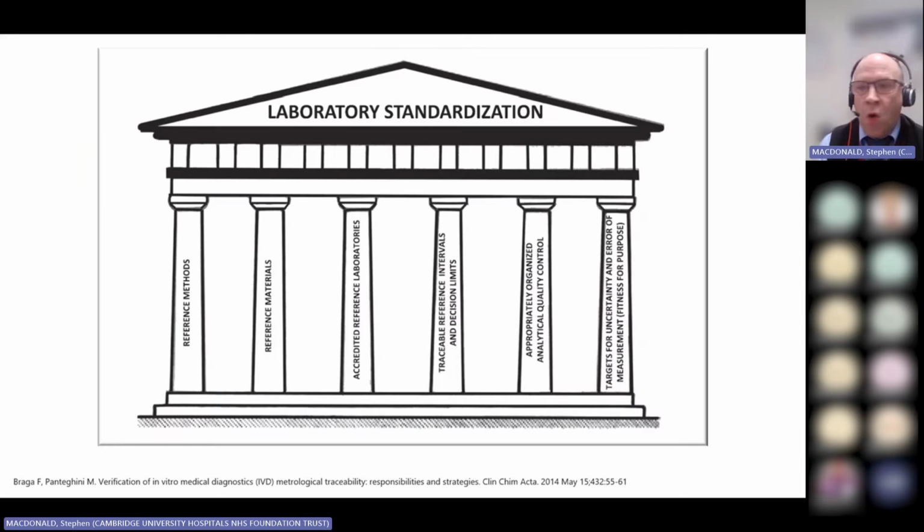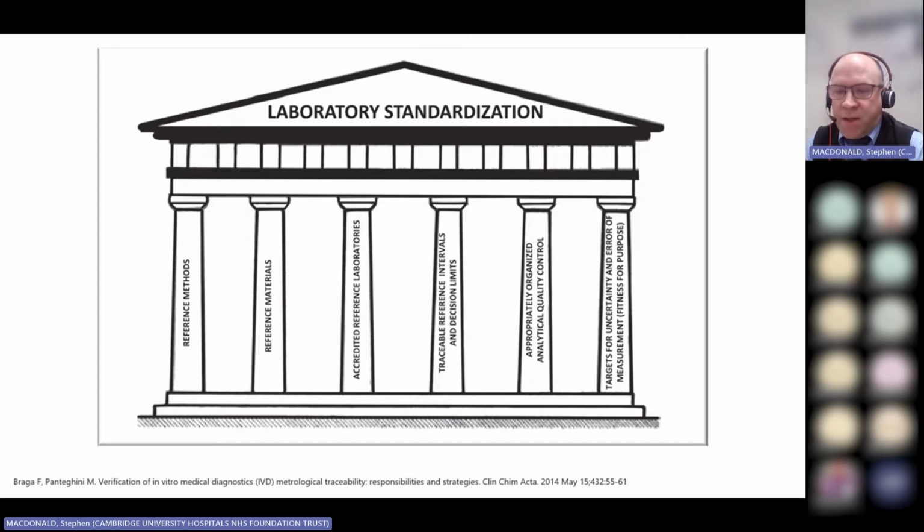And central to all of that is this slide that I showed in the very first webinar, loosely called the Temple of Standardization, where we talk about the various different pillars which are intertwined and linked together to be able to allow us to provide standardized assays so that we can then provide performance specifications based on that.